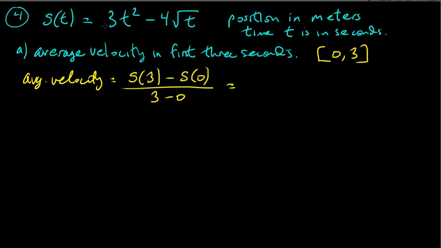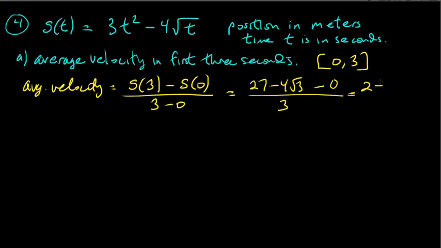And so what's s of 3? It's going to be 3 cubed, so 27 minus 4 squared of 3. And then what's s of 0? 0 minus 0 is 0, right? Divided by 3. So not much we can do here. 27 minus 4 squared of 3 all over 3. So that's the exact answer, and of course we need units here, right?